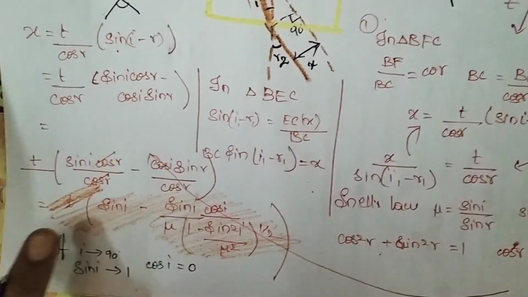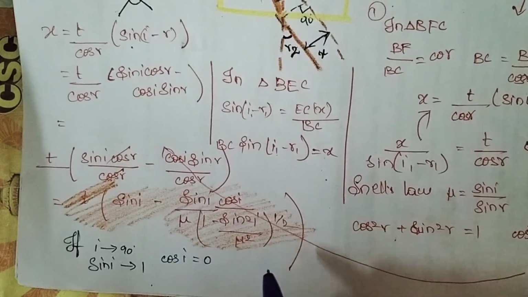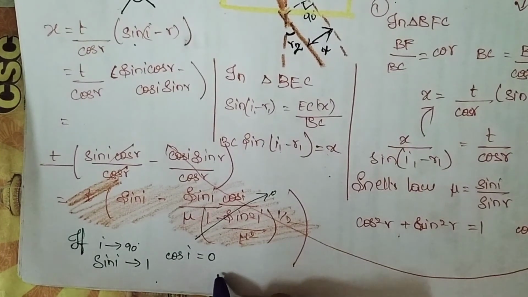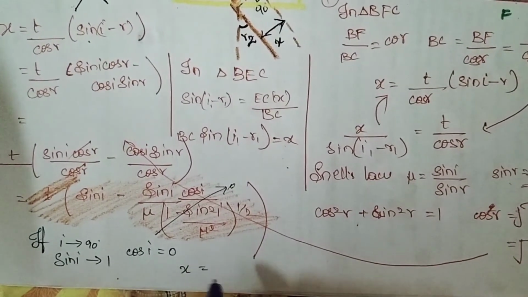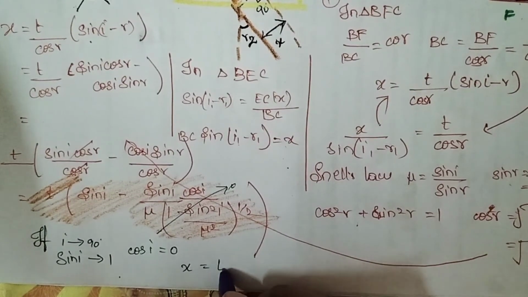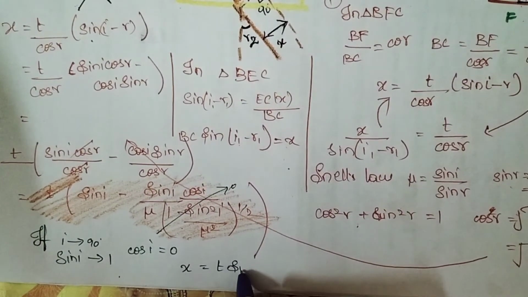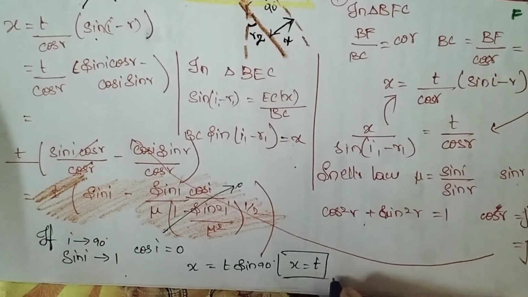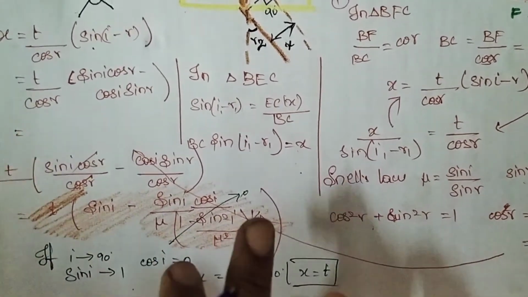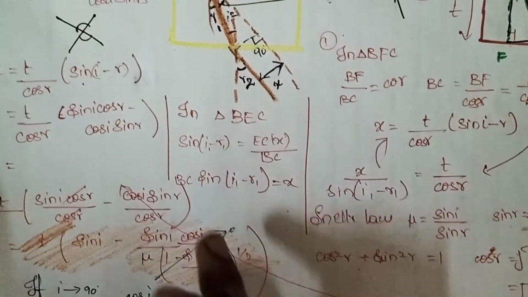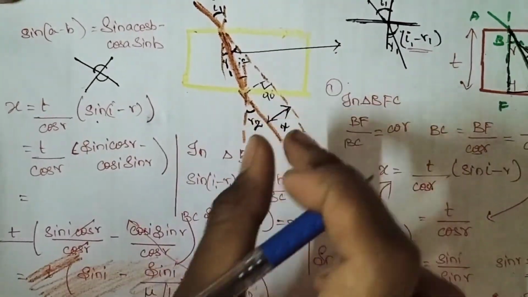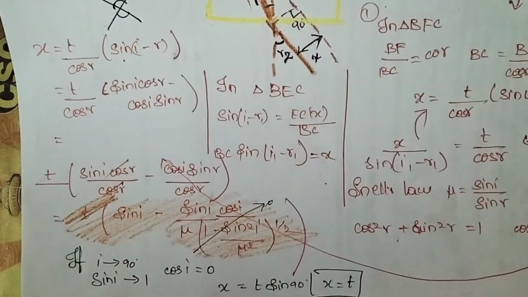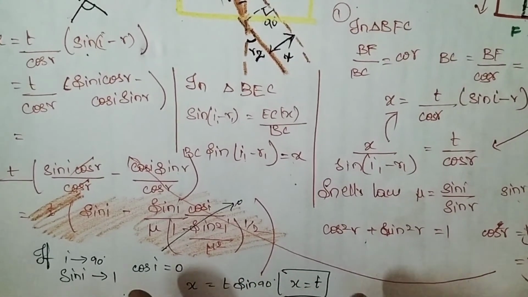Then sin i tends to 1, cos i tends to 0, then it becomes 0. Then the total displacement x will be t into sin 90. This is the interesting case in physics, in ray optics. How can you say x equals t? The total lateral displacement will be equal to the thickness. So this can be your NEET question also. At that time you have to think of these things.